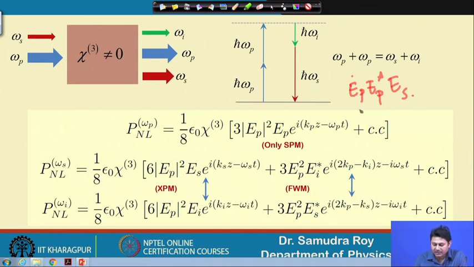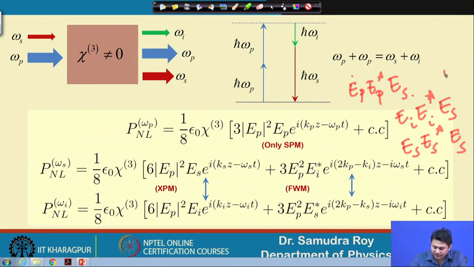And another term, the self phase modulation and cross phase modulation for the other two, is also possible if I write very carefully. So, E i star E s also gives rise to frequency omega s, and another term E s star E s also gives rise to the same frequency. So, this is a cross phase modulation with E i, this is a self phase modulation with E s, and this is a cross phase modulation with E p.